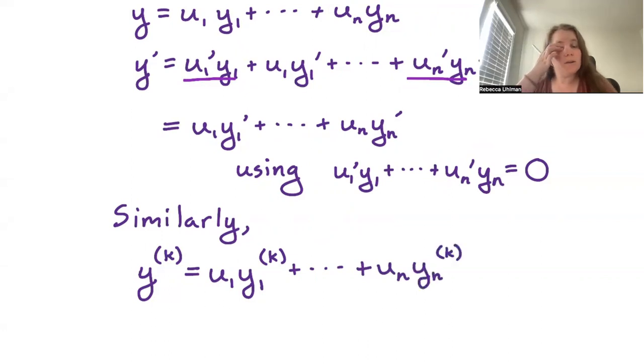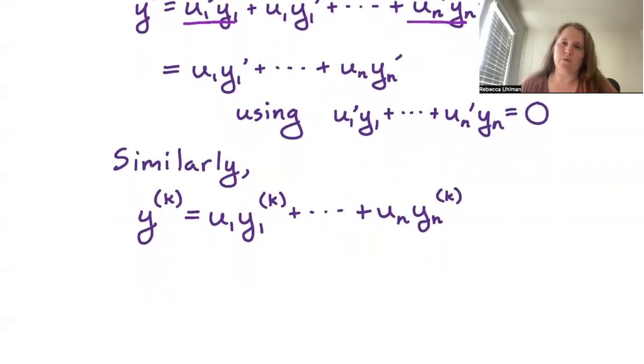And this will hold as long as u1 prime times the k minus first derivative of y1 plus so on equals 0.